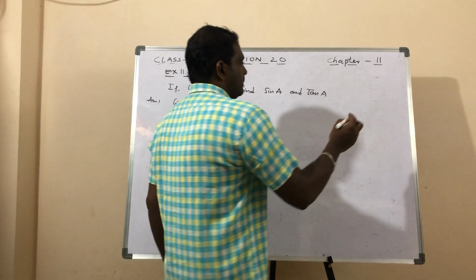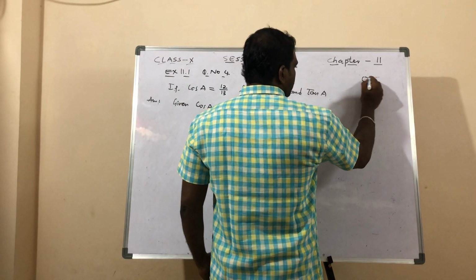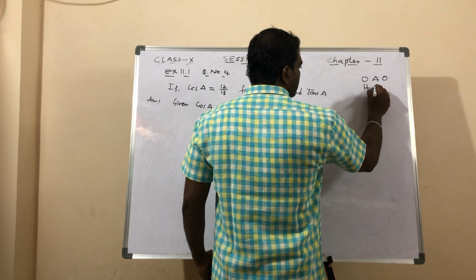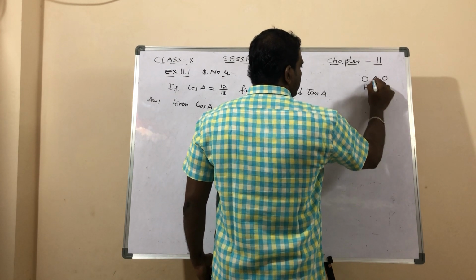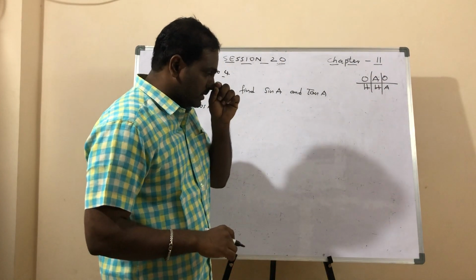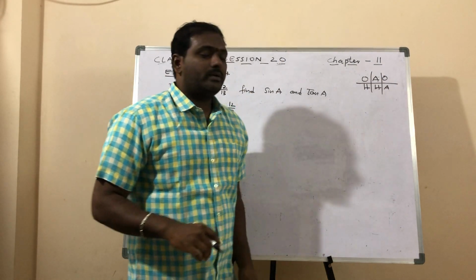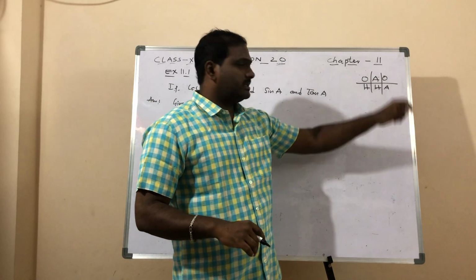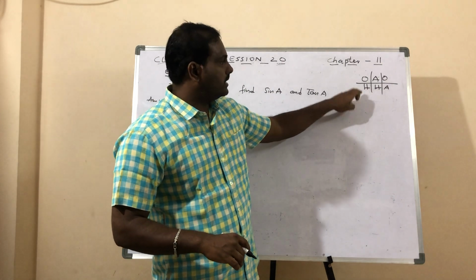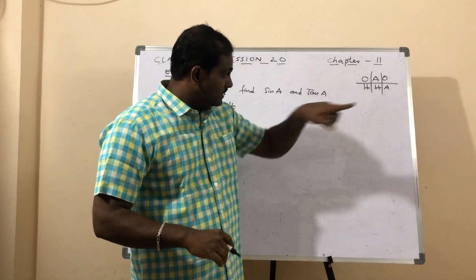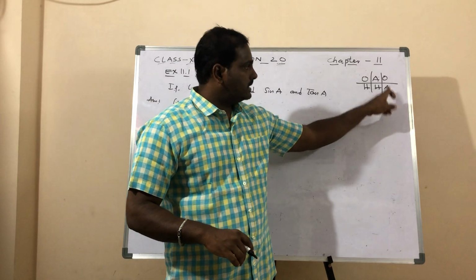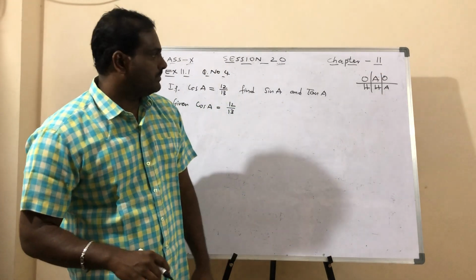Already we know, whenever we are doing this, it is better to write OAO HHA. So what is this? Sine is opposite by hypotenuse. Cos is adjacent by hypotenuse. Tan is opposite by adjacent side. The reciprocal of sine is cosecant: cosecant is hypotenuse by opposite side. Secant is hypotenuse by adjacent side. And cot is adjacent by opposite side.